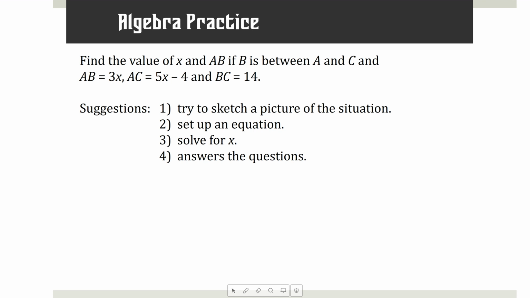Okay, now here's the fun part. Set up an equation involving that picture. I did it. I got my equation. Thanks for sharing, Jack.